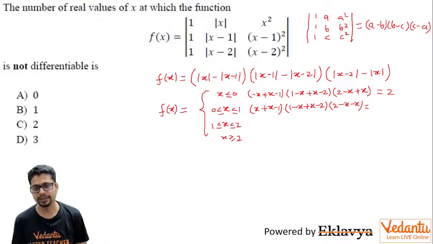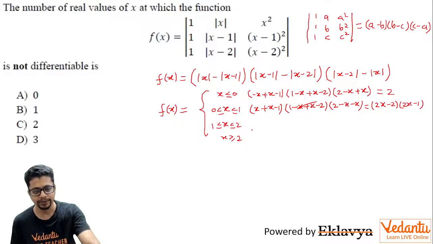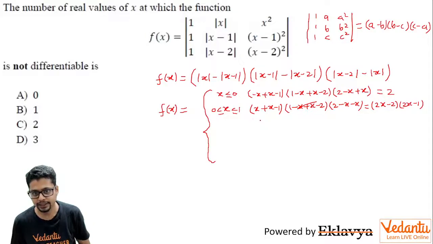So what you essentially get is 2x minus 1, this is minus 1, and this becomes 2 minus 2x, which when multiplied by minus 1 gives 2x minus 2, multiplied by 2x minus 1. So if you see carefully, you get 4x square minus 6x, I hope we are doing the calculation right, plus 2.